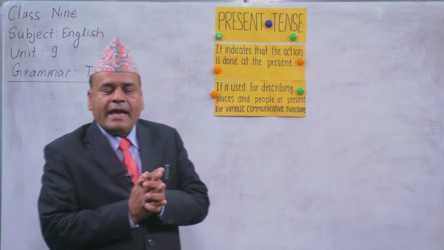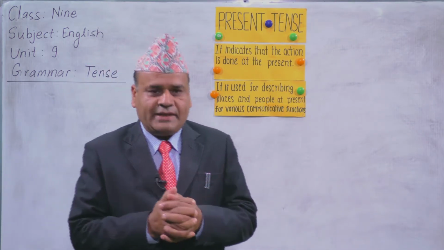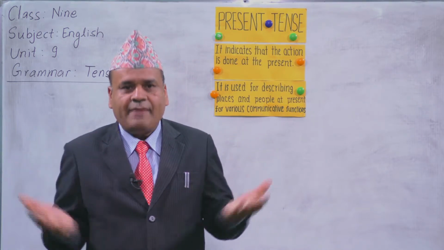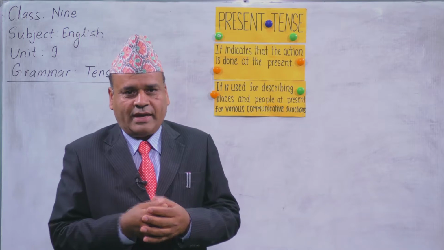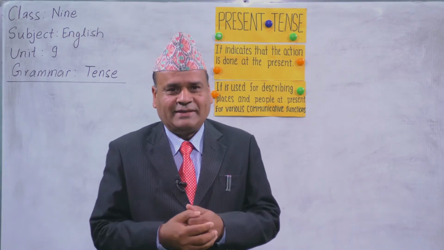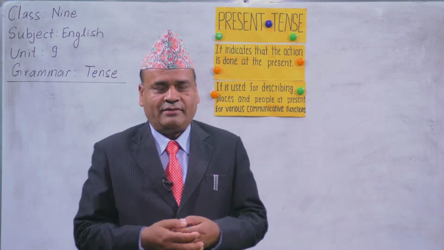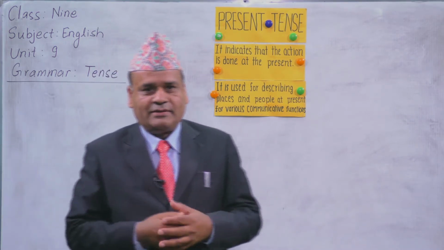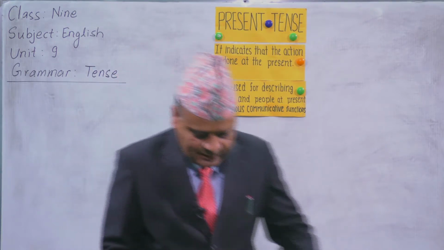Number one, action is done at present. And besides that, to describe the present activities, right? So we use present tense, all right? To describe the places, right? And events, we use present tense. Let's look at some examples here.